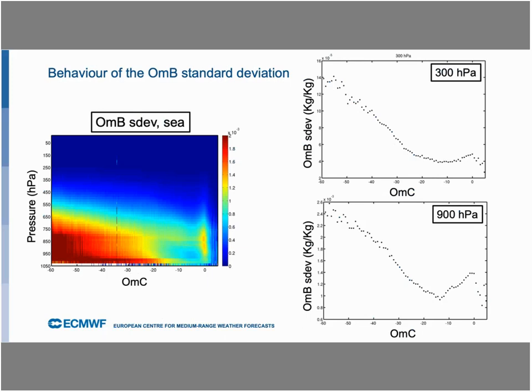the random errors are quite quickly increasing for the cloud-affected retrievals. So based on these statistics, we developed an observation error model. So the more and more cloud-affected cases there are, the errors, or these standard deviations, are increasing quite linearly at different levels.